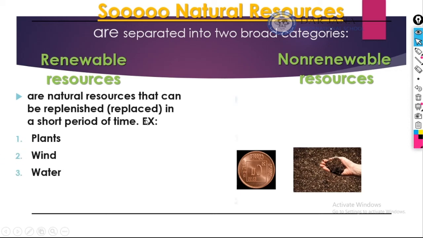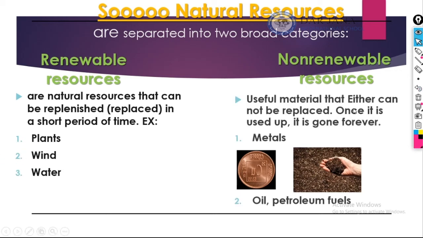And we have the non-renewable resources, which are useful materials that cannot be replaced or replenished easily. Once it's used up, it's gone forever, or it needs a long time to be replaced. For example, the metals, oil, and petroleum.